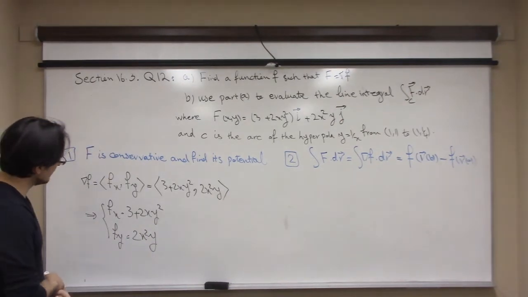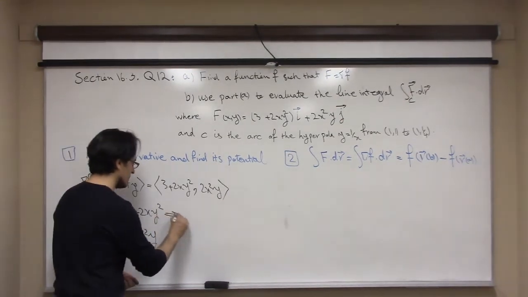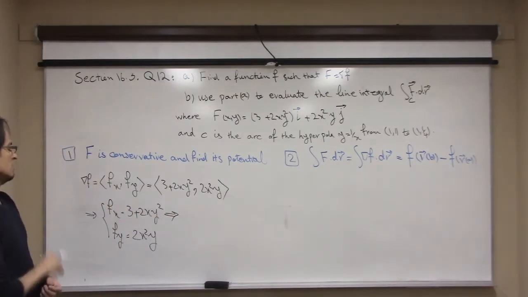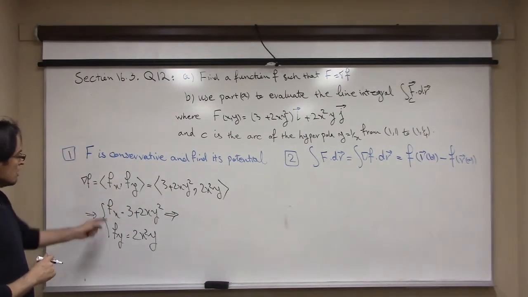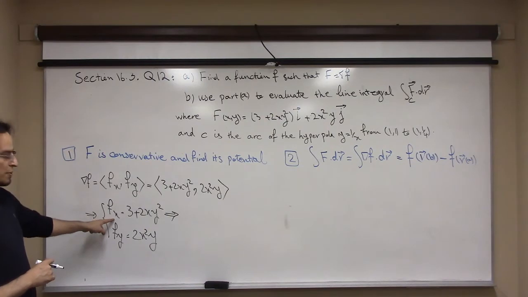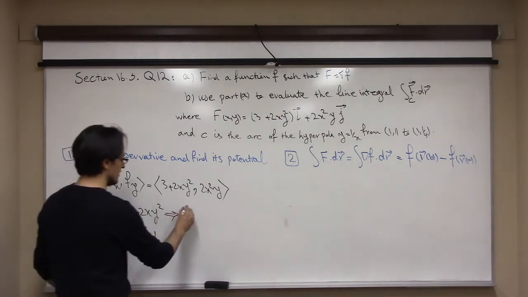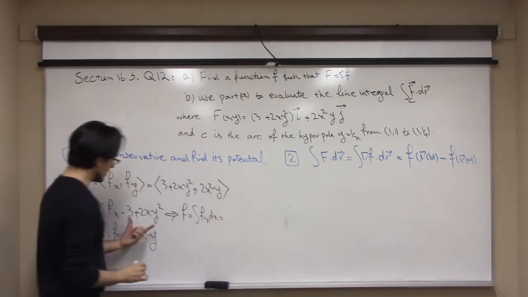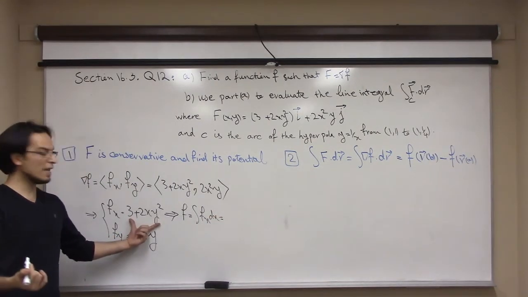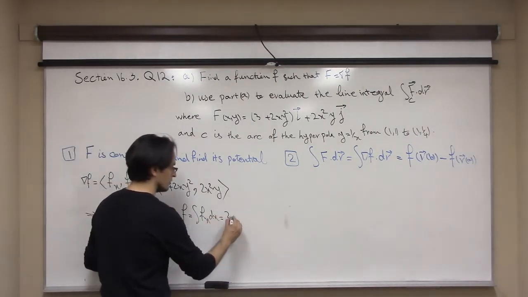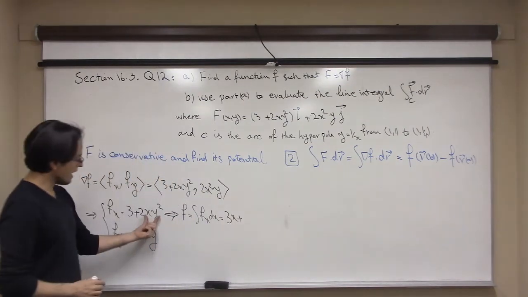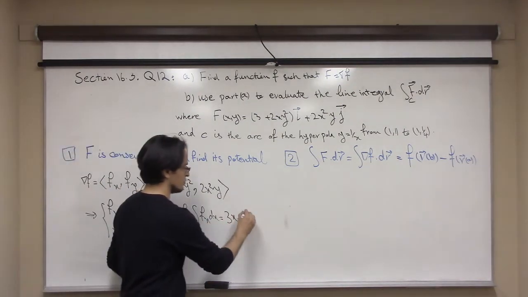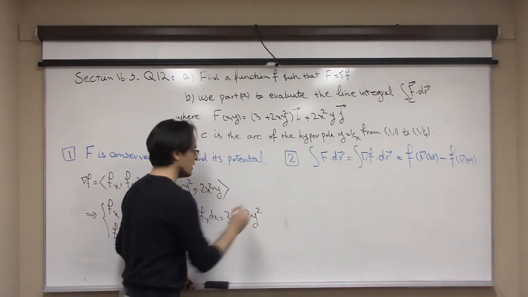Okay, how can I find such f? If there exists such f, which we know exists, if I integrate fx with respect to x, I'm going to get f. So integrating this with respect to x, I'm going to get 3x, and this term is going to be x²y².